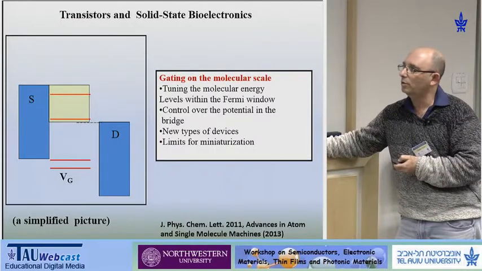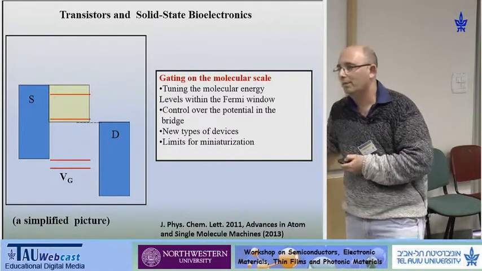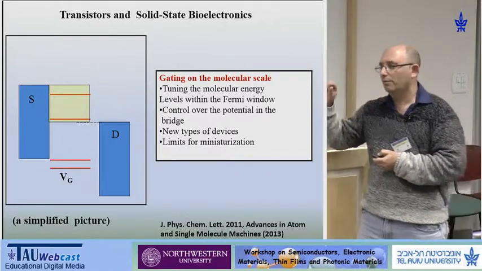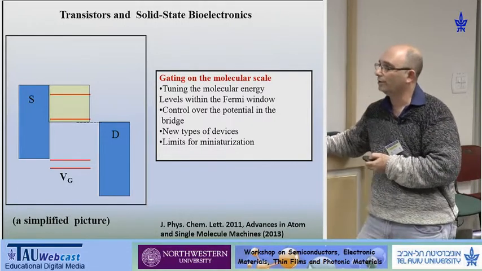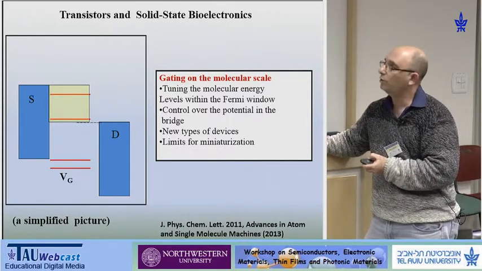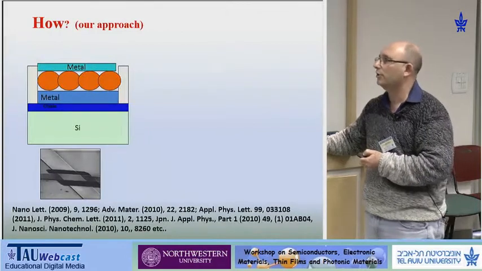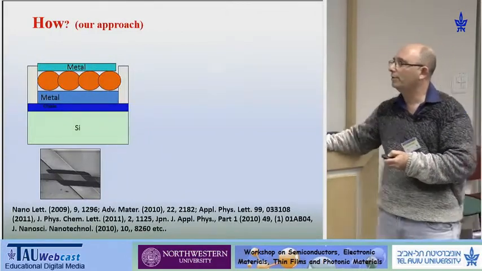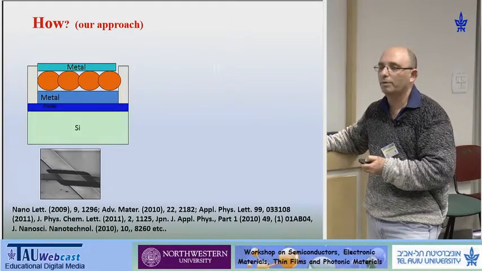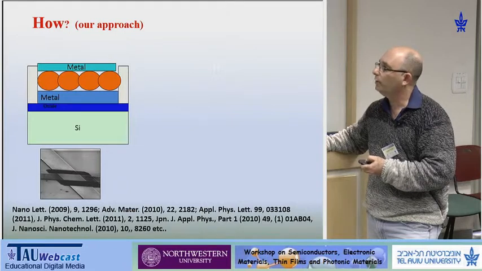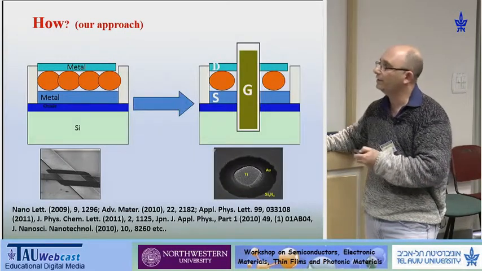This is technologically very challenging because the gate electrode should be capacitively coupled to a very, very small gap inside the junction. So this is what we do. This is the junction that I showed you before, but now the size here is not 100 nanometers. It could be much, much larger. What we did, we introduced a vertical gate electrode inside this hole.